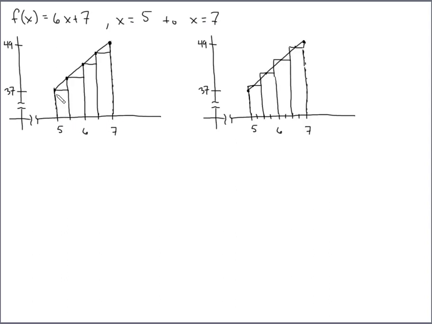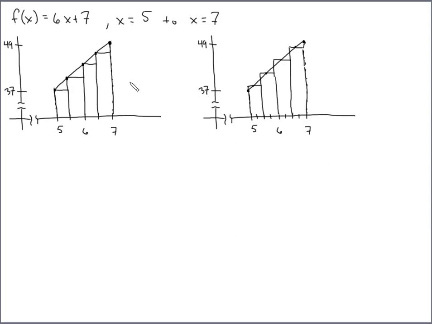If you plug in 5 here, you got 37 as an output, so I just cut out this part right here and this part right here just so we can see the graph. And then if you plug in 7, you get 49 for the output value, so we're looking at a linear function between these 2 points.